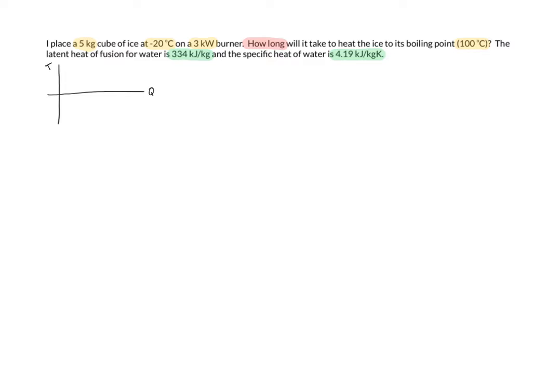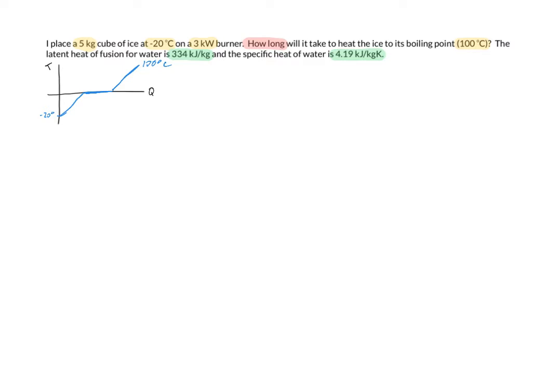And we're going to start out with our solid ice at negative 20 degrees Celsius. And it's going to get slowly heated, and its temperature is increasing as more heat's put into it. But once it reaches 0 degrees Celsius, we know that that is the melting point for ice. And so that ice is going to stay at the same temperature until it all turns to water. And then we're going to heat it up again, and it'll end up at 100 degrees Celsius.